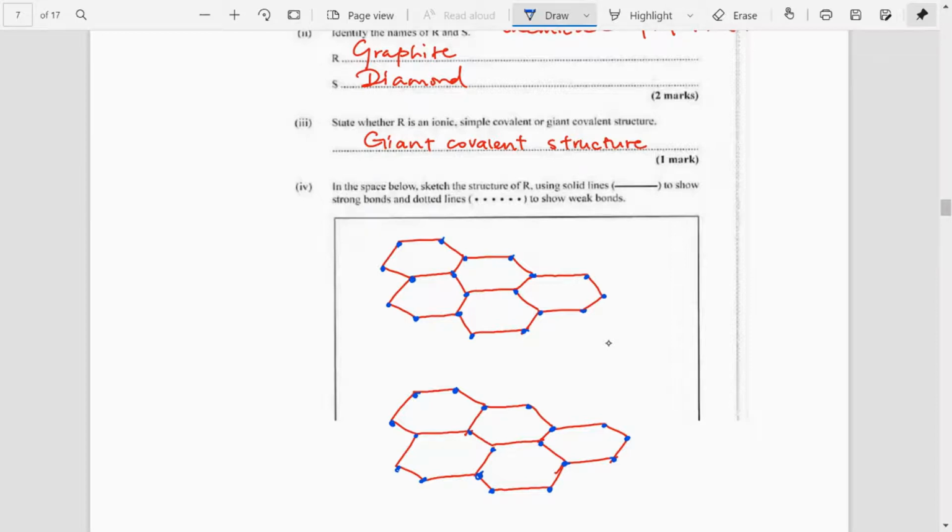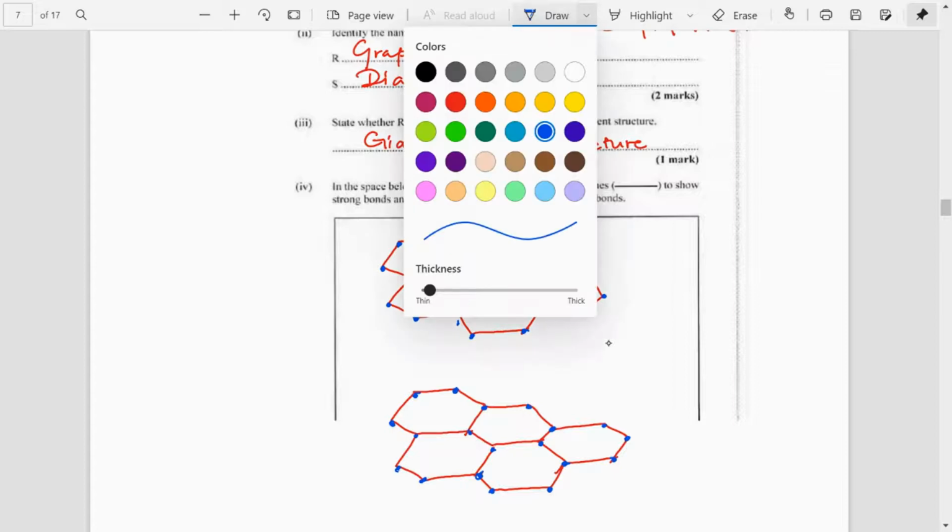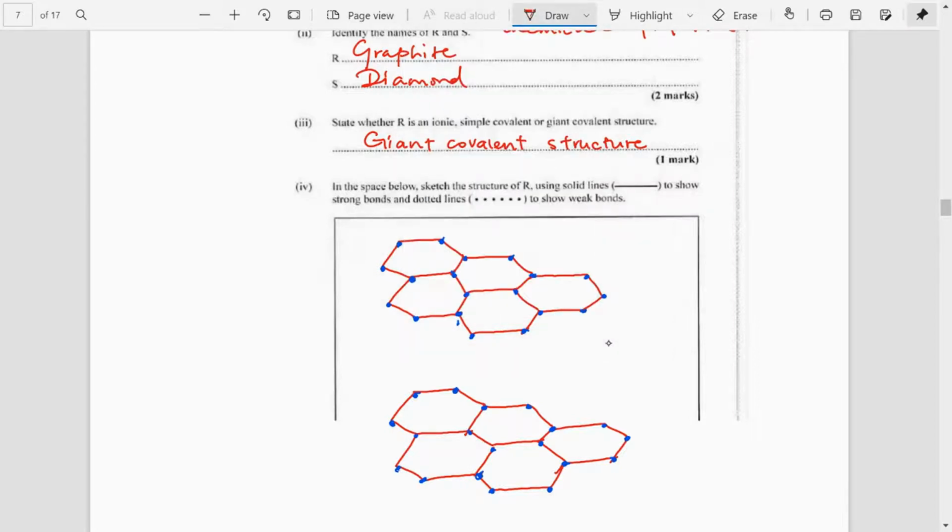To show these are weak bonds, we use dotted lines between each layer. Let's use red for the dotted lines.